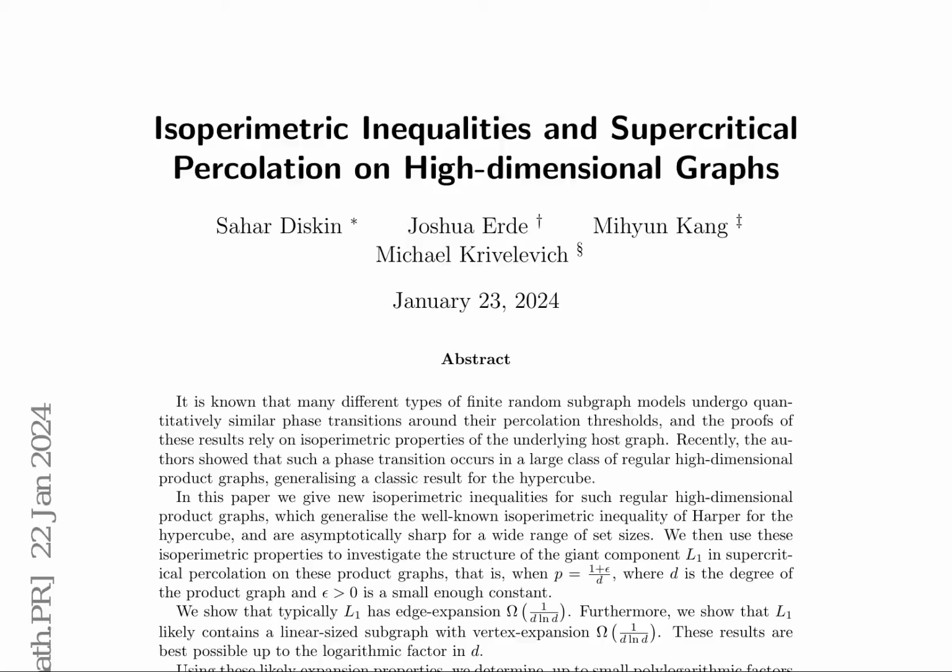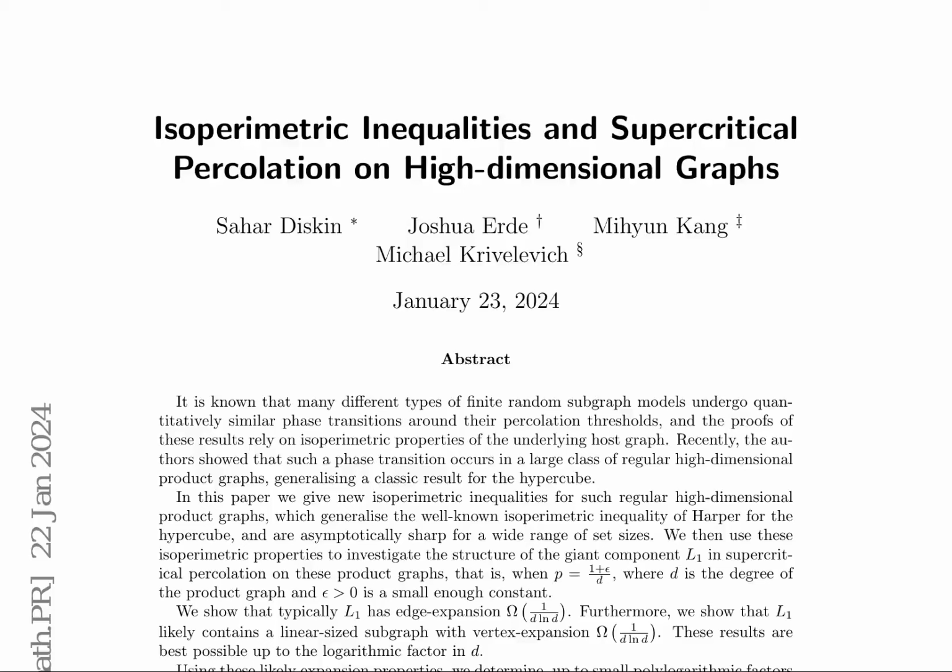These typical expansion properties not only generalize but also improve substantially upon the known typical bounds in QDP given in previous research. The results are presented in the supercritical regime, where p equals (1+ε)/d, but naturally extend to the sparse regime with slight adaptations.